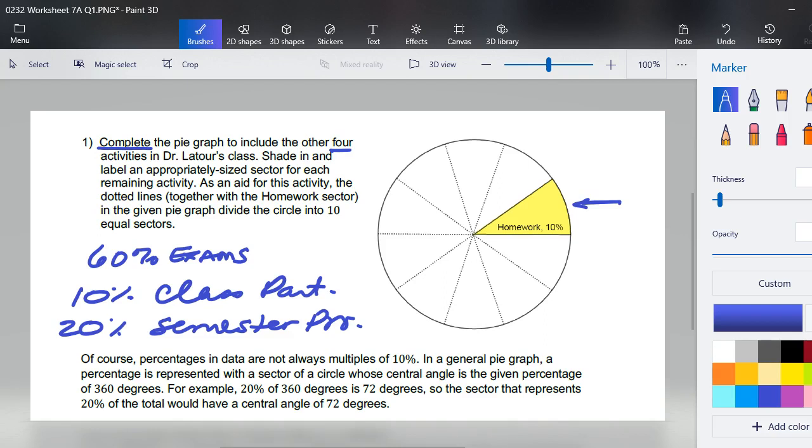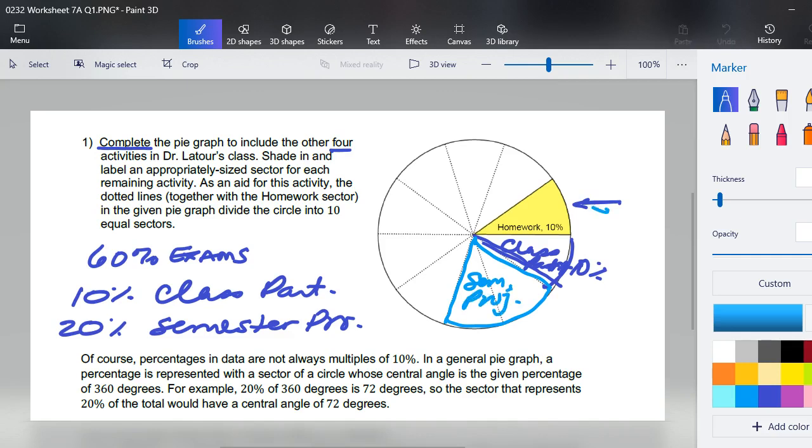It doesn't matter where we put them, we just need to size them appropriately, like class participation, which is also 10%. Semester project is 20%. So I'm going to use 2 of the sectors for the semester project.